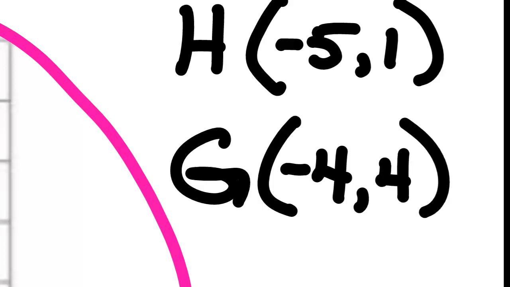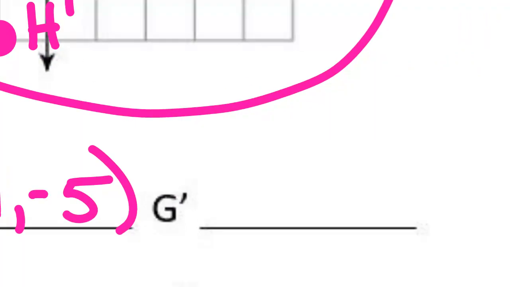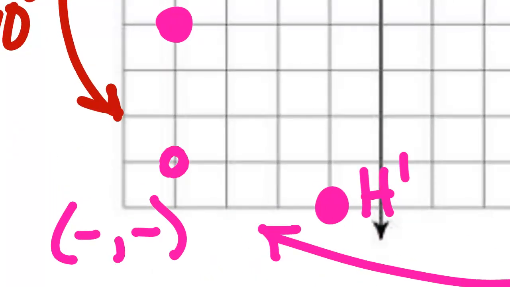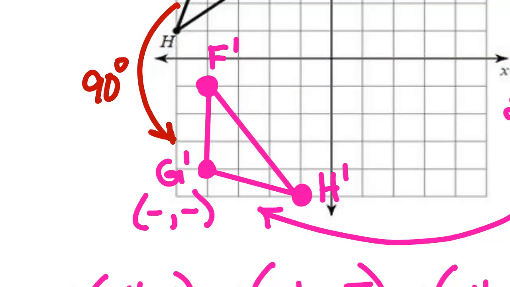Negative 4, 4. So G prime? Negative 4, negative 4. Nice catch. Negative 4, negative 4 right here. There's my G prime. And then I'm going to connect those together with my straight edge to make my rotated triangle.